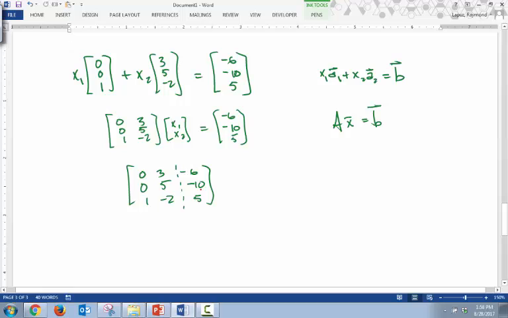Right? So let's solve for this. I probably want to switch the first row with the third row so that this could be on top. So I'm going to show my elementary row operations in this example.